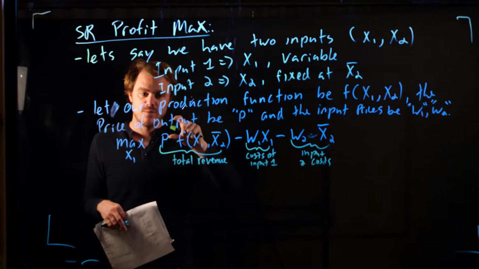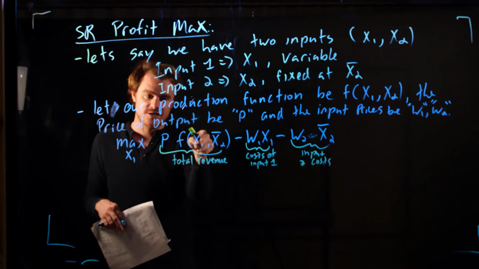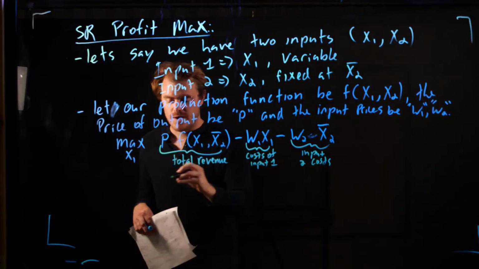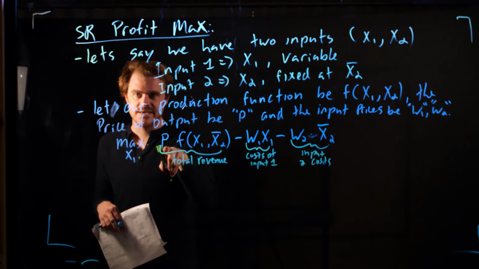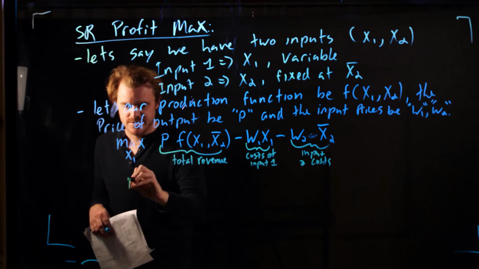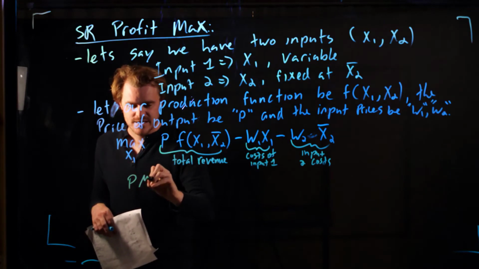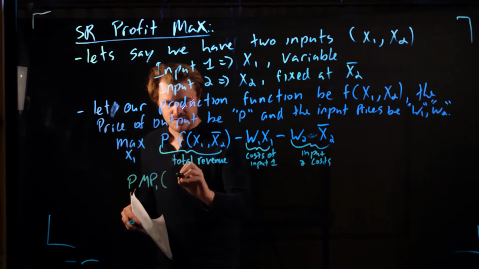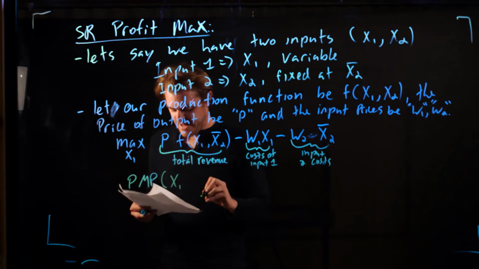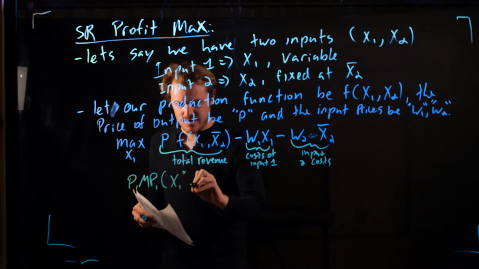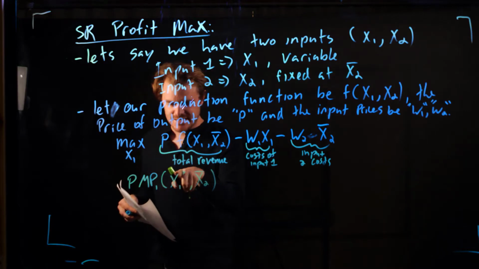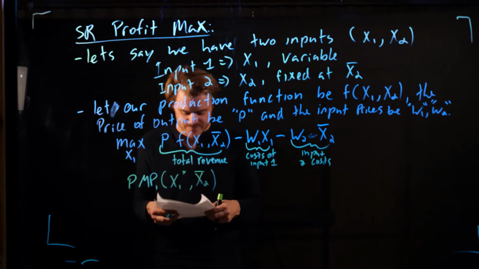How much does production change if we change x1 by a little bit? That's the marginal product of good 1. The P is just a constant, so it sticks around. So price times the marginal product of 1 at x1 star and x2 bar. This is the maximization criteria, so we're putting a star there.